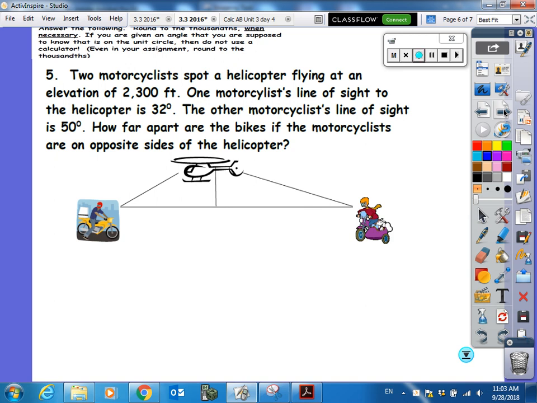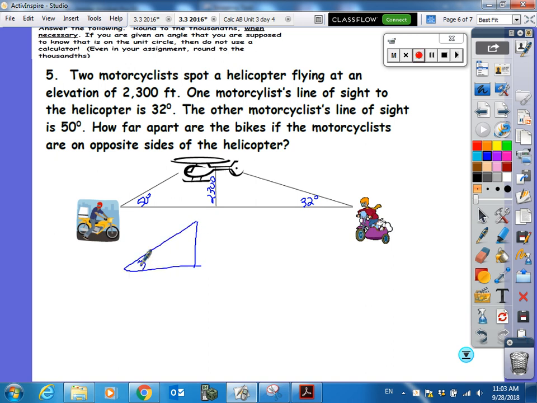All right, so it tells us the two lines of sight. How far apart are they if they're on opposite sides of the helicopter? All right, so let's just say this one's 32 and this one's 50. And this is 2,300. It doesn't matter which one you label which. Either one is fine. We want to know how far apart are the two bikes. So basically we have two triangles here.